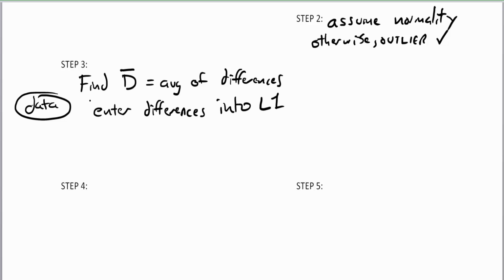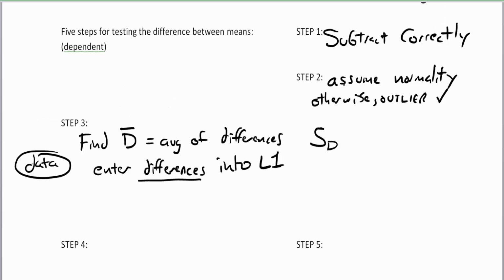And if you do that, then the d-bar and also the standard deviation of d, so s sub d, both of these things will be done by the calculator if and only if you enter the differences into list 1, which is why step 1 was to subtract correctly. If you don't have your subtraction done correctly, your d-bar and your s sub d, which is your average and standard deviation of the differences, will not be correct.